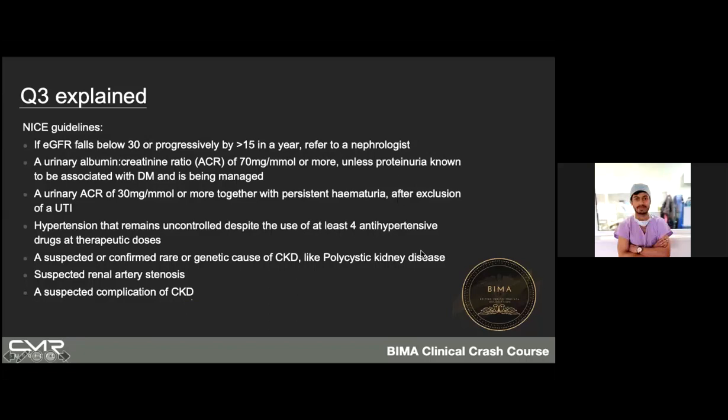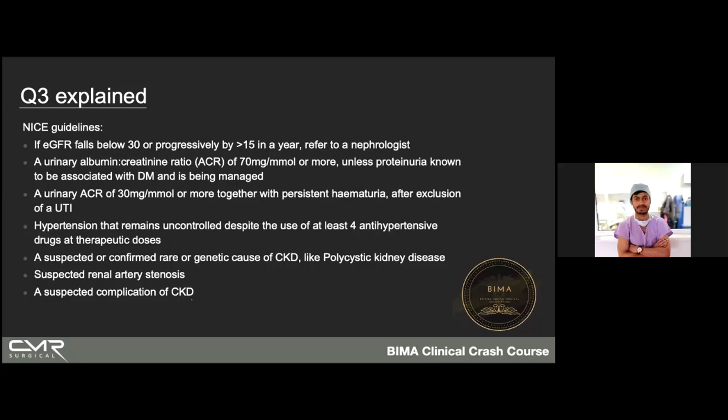And in general, the NICE guidelines for any sort of specialist nephrology opinion are as follows. A urinary ACR, which we're going to discuss later on, of 70 mg/mmol or more, unless proteinuria is known to be associated with diabetes and is being managed, should be referred.